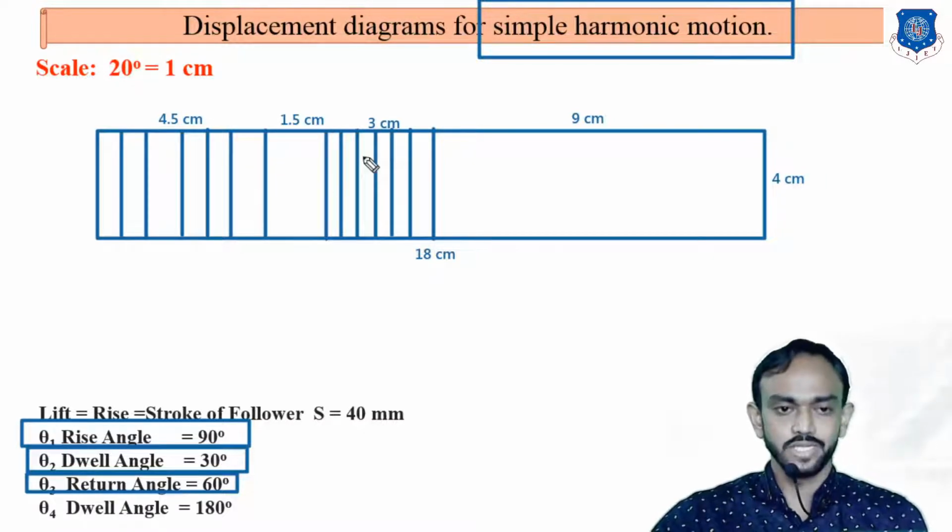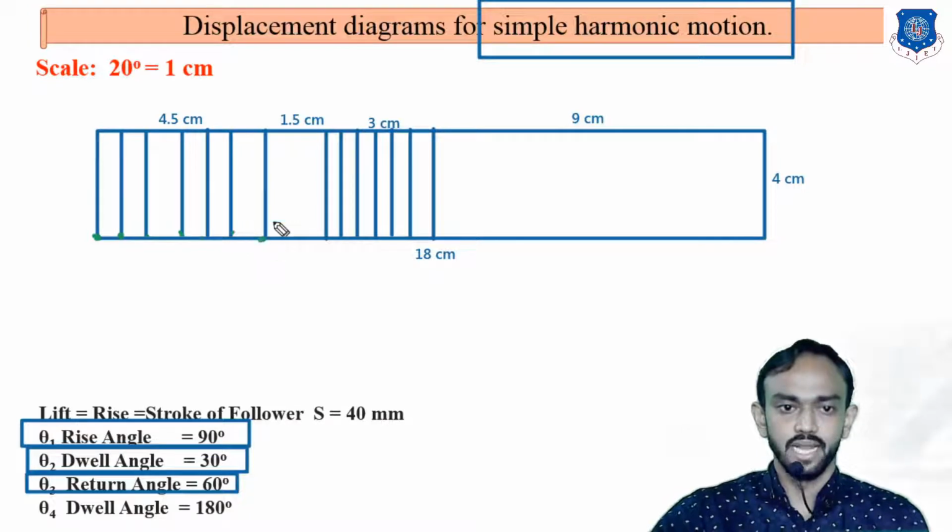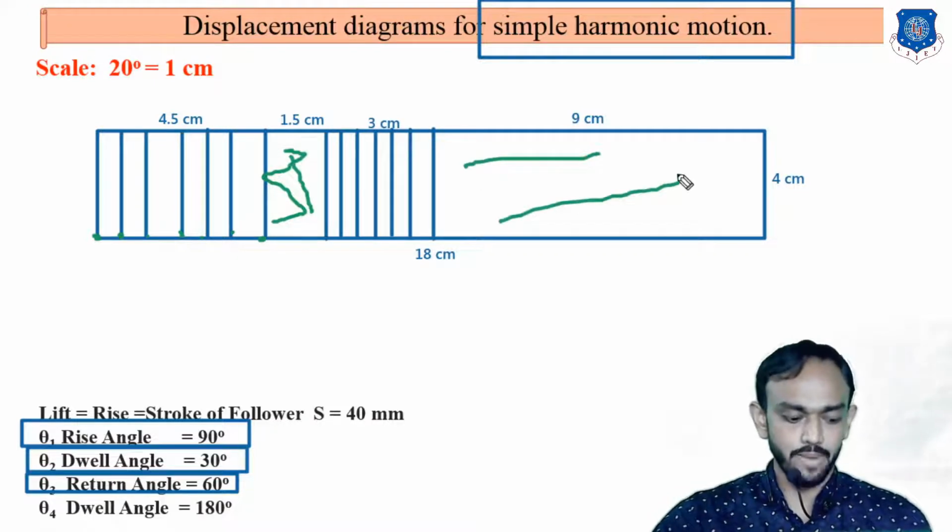Okay, so check these points. This is 0, 1, 2, 3, 4, 5 and 6. We have nothing to do with the dwell portion, and it will always be empty.